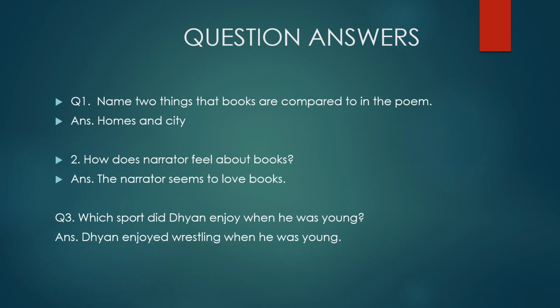See, our last exercise is question answers. Question answers from the poem My Books and the second chapter, The Wizard of Hockey. What is the name of chapter number 2? The Wizard of Hockey.